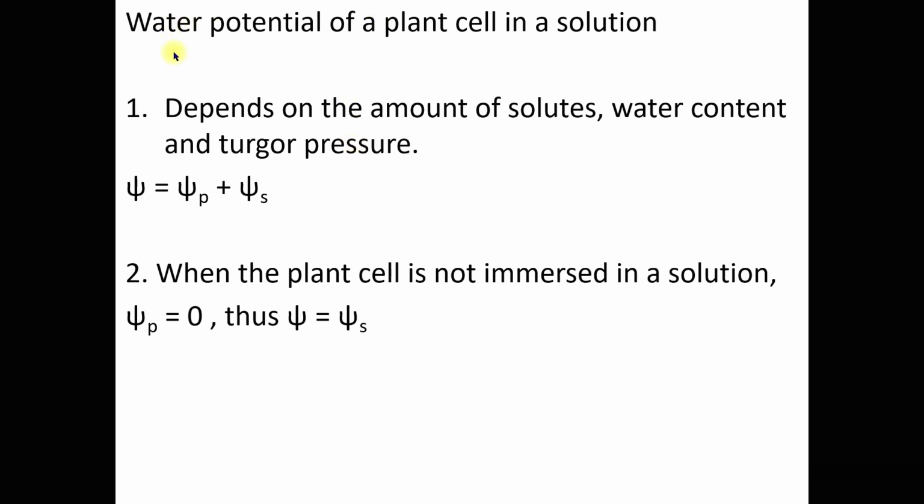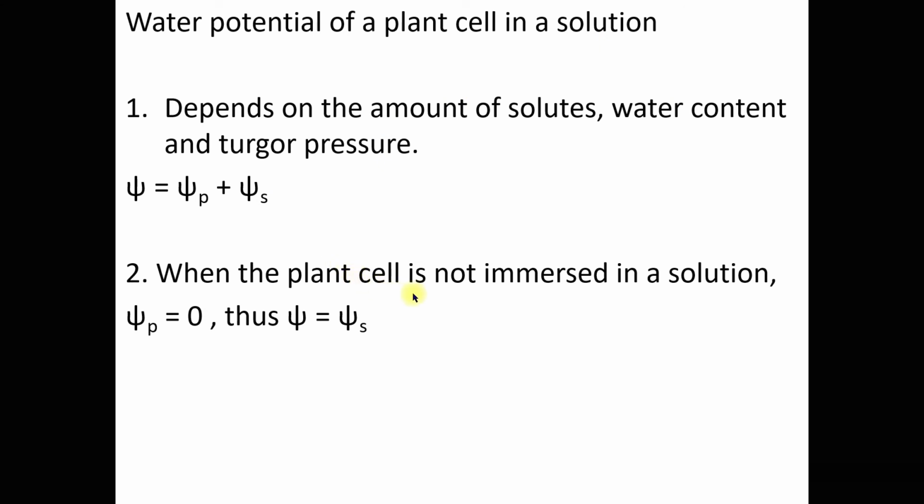So now, the water potential of a plant cell in a solution depends on the amount of solutes, water content, and turgor pressure. So water potential is calculated as pressure potential plus solute potential, or the sum of pressure potential and solute potential, like what I've already explained.